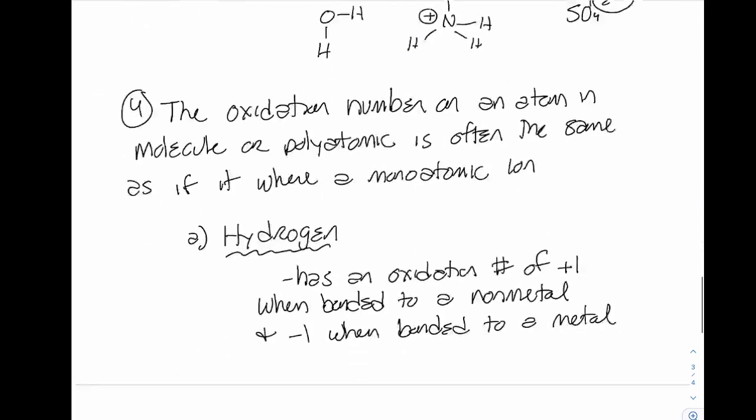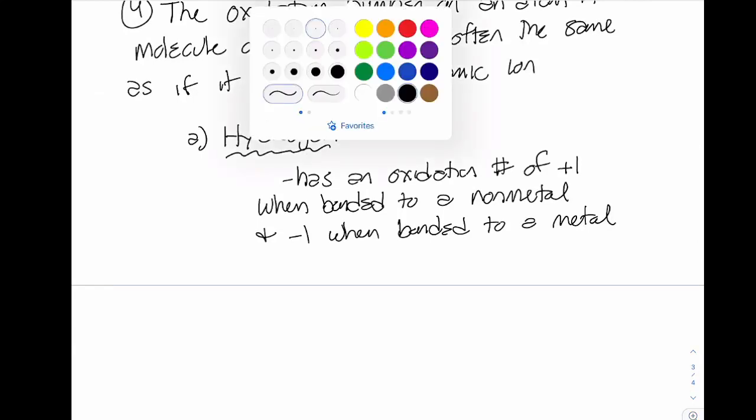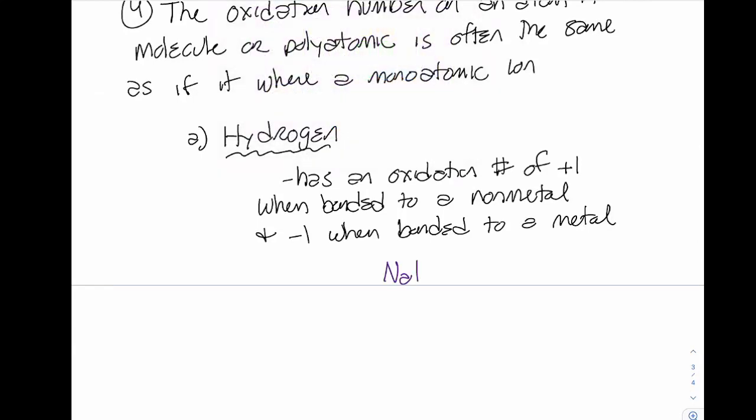Remember, hydrogen's a nonmetal, so if I was to write sodium hydride, Na+, this is an ionic compound. It's Na+ and H-, so my oxidation number on sodium is +1 because its charge is +1, and that's rule number 2, and then hydride is -1, its charge is -1. So if it's bonded to a metal, it's actually an ionic bond, and its oxidation number is the same as its charge. So that second part of that statement is actually rule number 2.